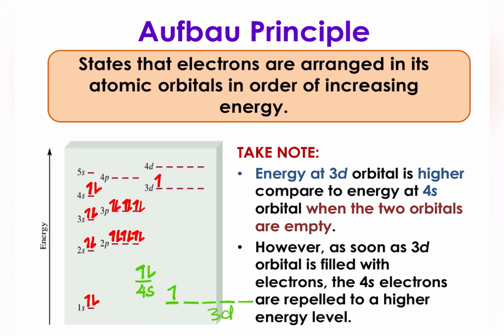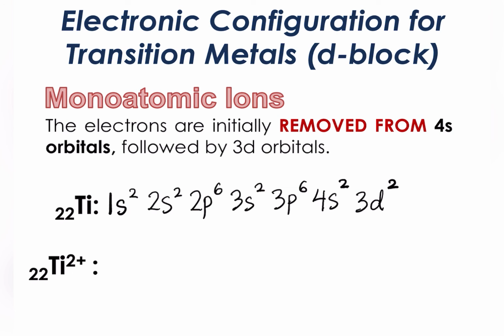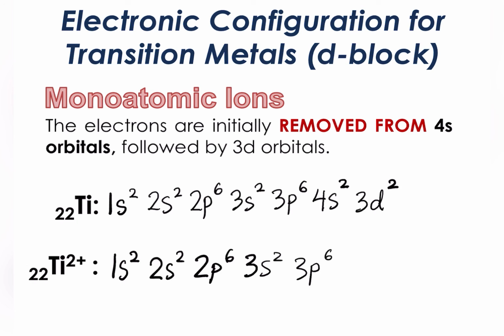So, when removing electrons, we remove from the 4s orbital first, because electrons have already been filled in the 3d orbital. So 2 electrons are removed from 4s, and the 2 electrons in 3d remain as they are. So the electronic configuration for Ti2+ is going to be 1s2, 2s2, 2p6, 3s2, 3p6, and then for 4s we remove the electrons from here. So these electrons are gone. We remove them. What remains is the next one, 3d2.